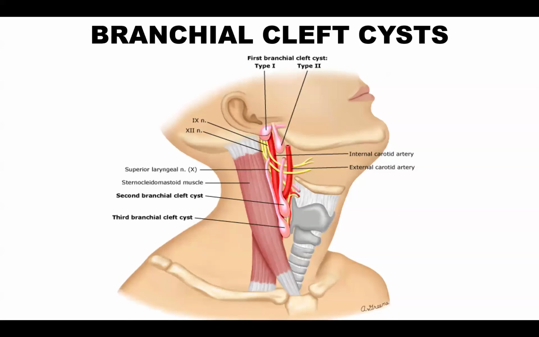The first one in the upper part of it is the second branchial cleft cyst, now followed by the third. Then the fourth is lower. You can see the relationship with the great vessels and the nerves.